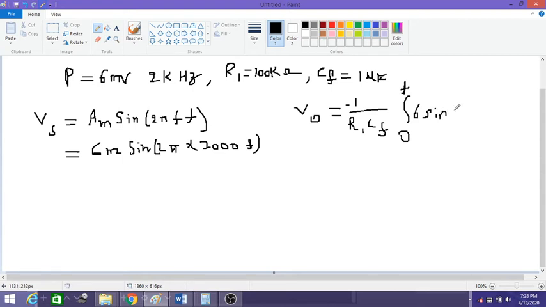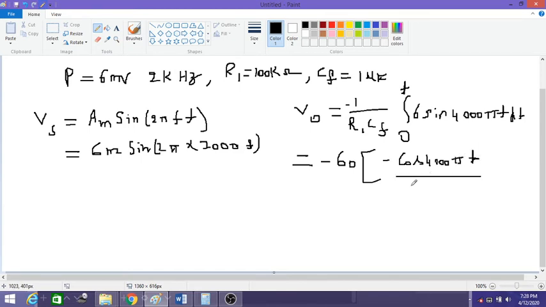So sine 4000 pi t into dt. Then we know that the integration of sine is minus cos, so we will get minus 6 of minus cos 4000 pi t by 4000 pi, with limits 0 to t.